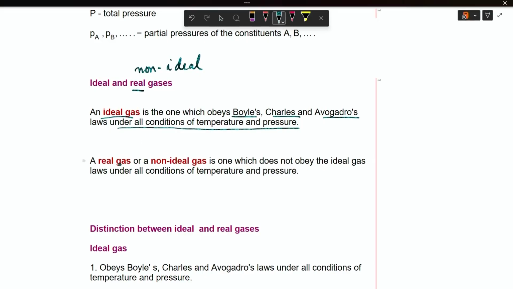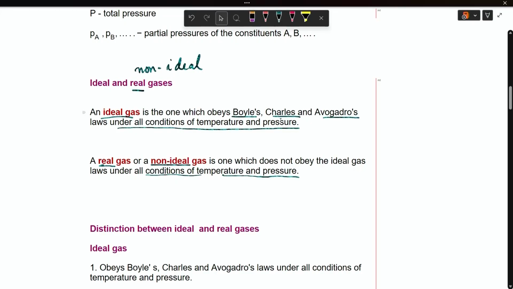Only then we can call that gas ideal, and this is imaginary, only a theoretical one, it does not exist. Now, what is a real gas? A real gas, also known as a non-ideal gas, is the one which does not obey ideal gas laws under all conditions of temperature and pressure. Thus, just the opposite of the first one.